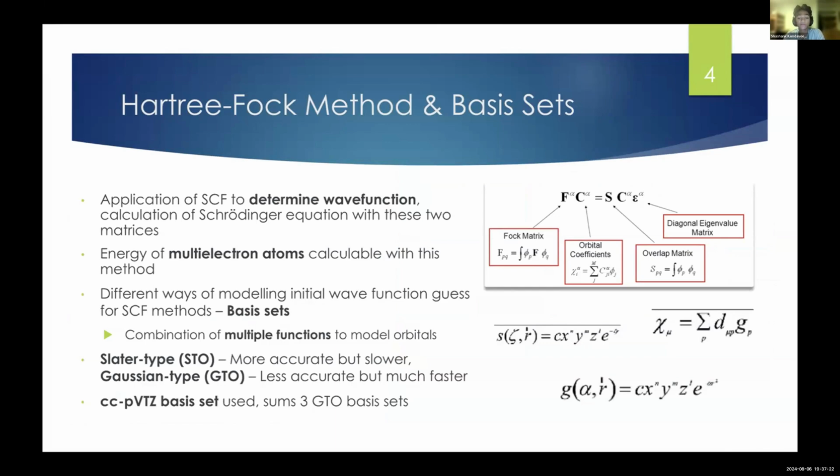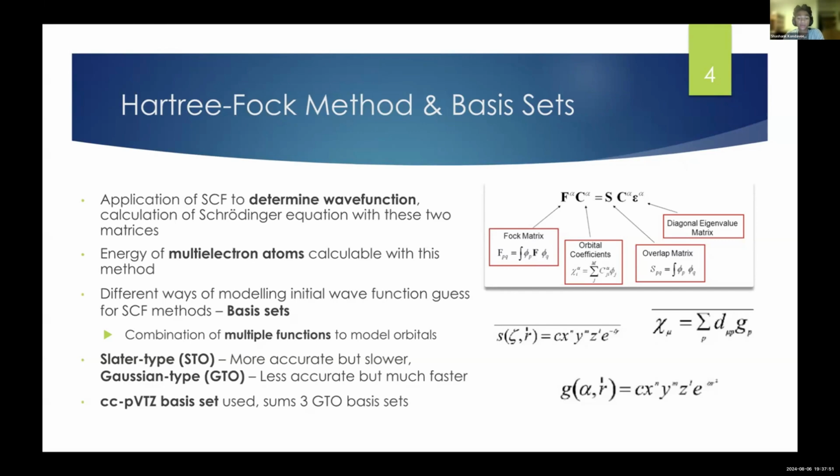A key component of SCF techniques is our model of the initial wave function guess. This is where basis sets come into play. Basis sets are essentially combinations of multiple functions that model the electron orbitals. They enable us more effectively to approximate the wave function. Each of the several basis sets has advantages as well as trade-offs. Slater-type orbitals, for example, are computationally slower but more precise.